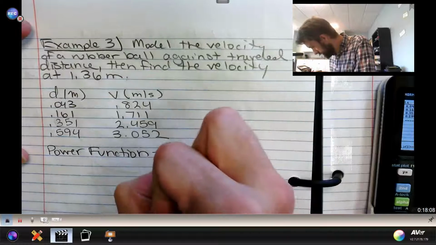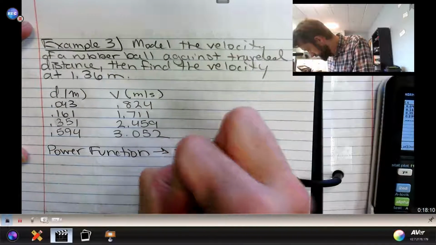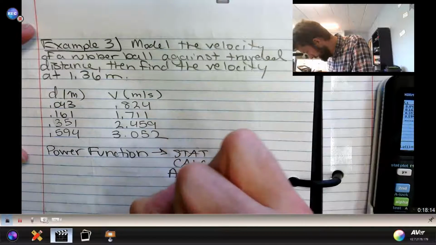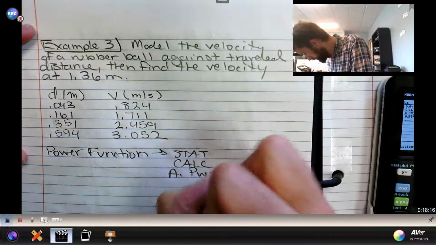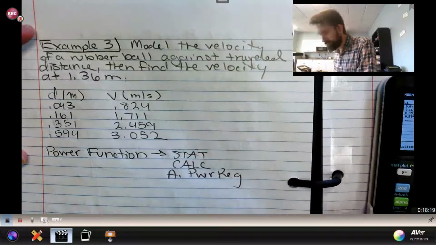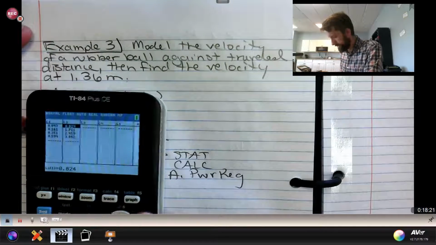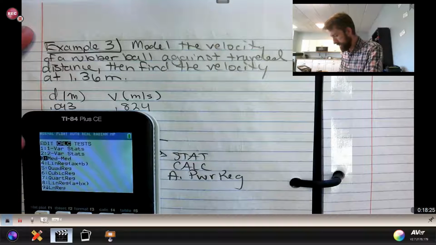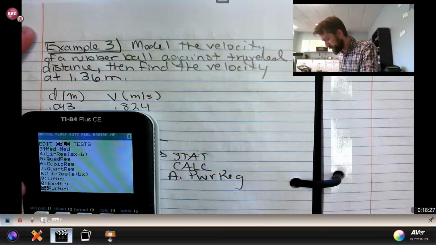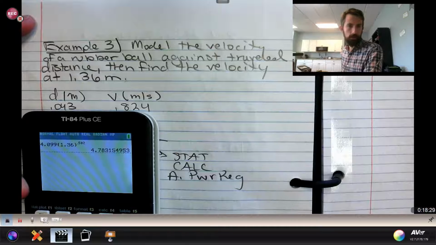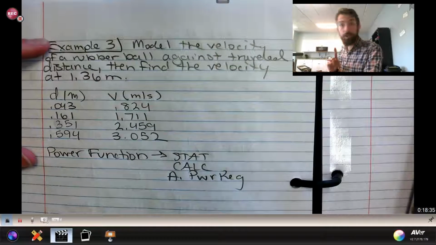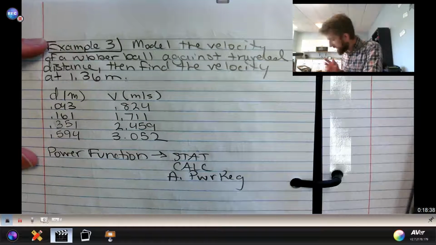To do this, it will be stat, calc, A, power regression. Stat calc A is towards the bottom. It's after 0. And we enter and we get our model that has a pretty good correlation, might I add.